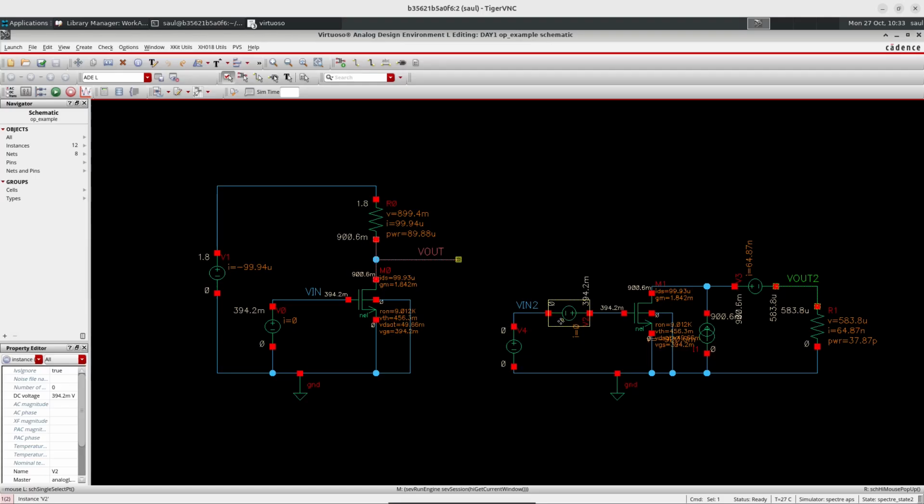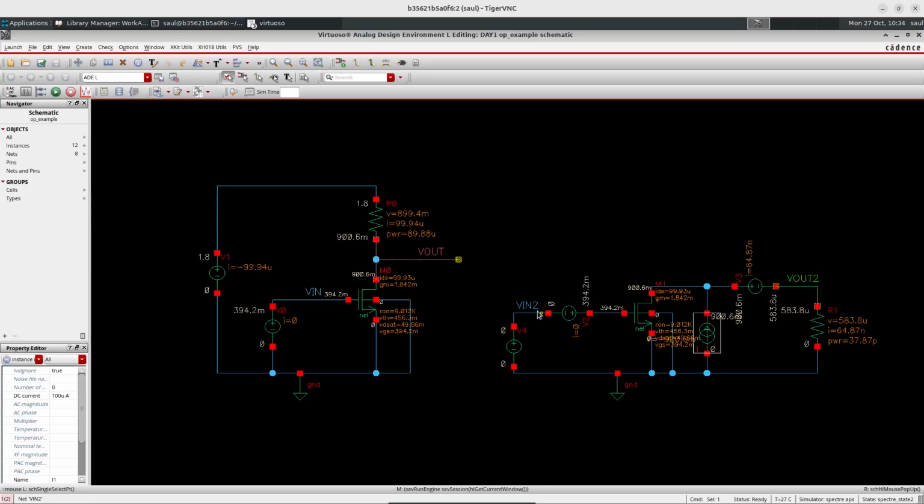Okay, so I have VGS 392 millivolts. I have the current source here, it's 100 micro. I have VDS that is 900 milli, and then I connect the load here. So when I put these voltage sources and the current source here, it guarantees that this transistor will be sinking this current through the drain to the source, and that the voltage at the output here will be 0 volts. In this case it is 500 microvolts, and in this case it's 0 here.